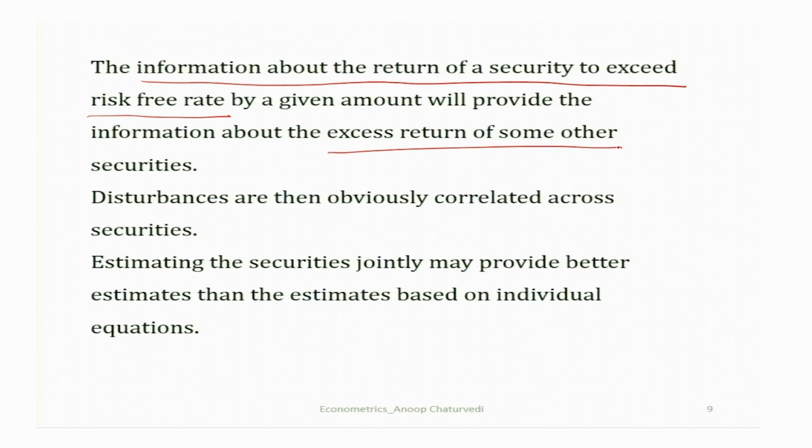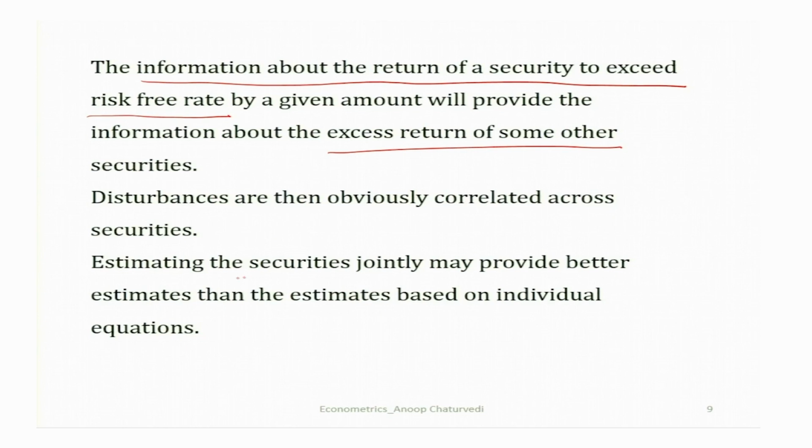So, the equations for different values of i are not unrelated or statistically unrelated with each other. Different equations not only have information about themselves, but also about other securities. So, disturbances are correlated across securities.